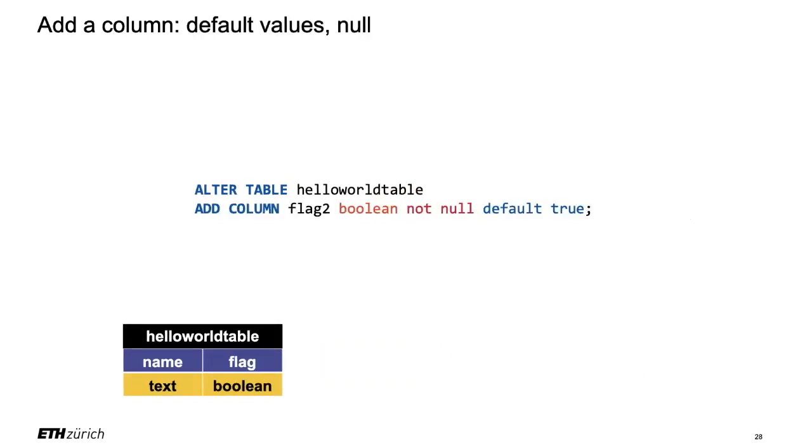And of course, you can also specify other things in there, like, for example, NOT NULL DEFAULT true. So that's going to put a true in all of the records, right? Now, if you try to do that saying it's not null and you don't specify a default value that is not null, then this is where you might be in trouble, right? So you have to think about what you're doing. If you're adding it and you don't have any value yet, you have to tell PostgreSQL what to put in there by default on all the records.